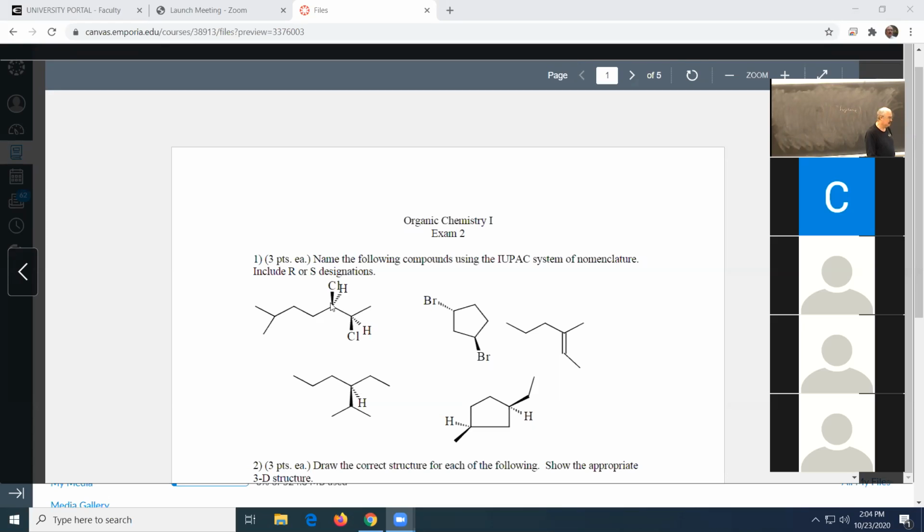And this is a 2,3-dichloro-6-methyl heptane.